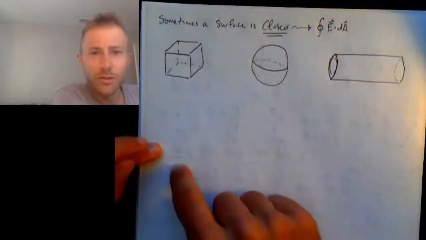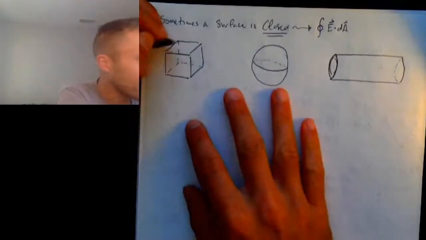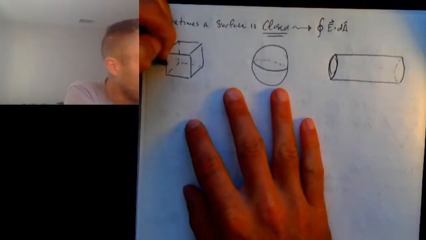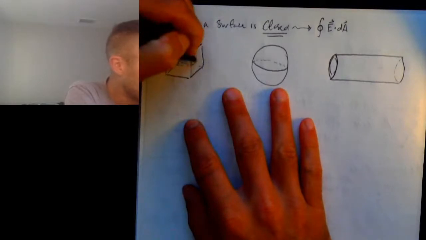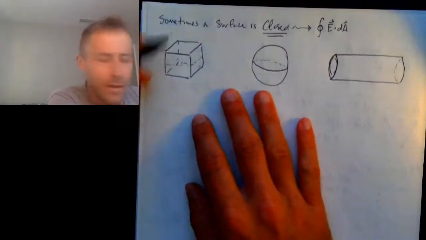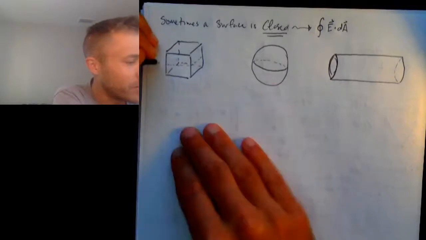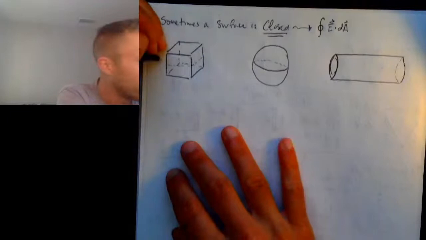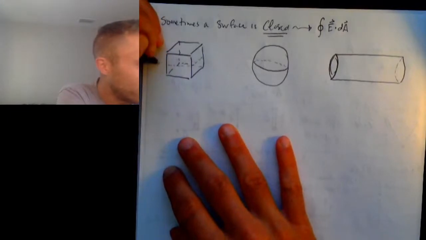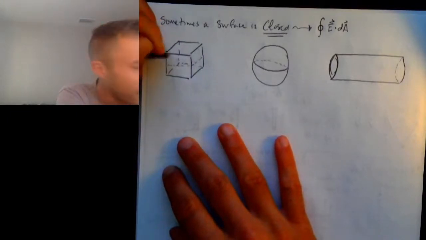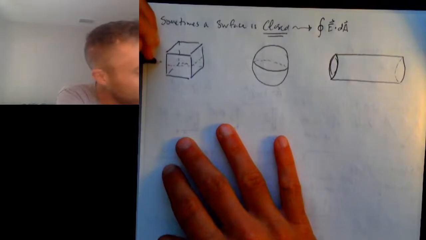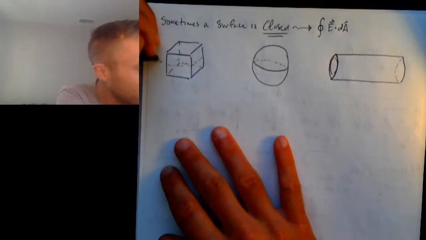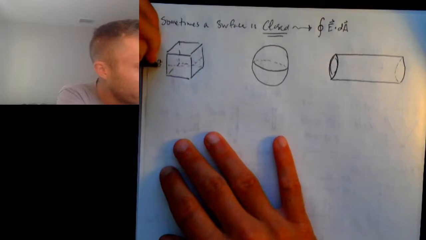So let's do some examples here. What if we have a cube? Let's say that the dimension of the cube, so the side length of it, is 3 meters.